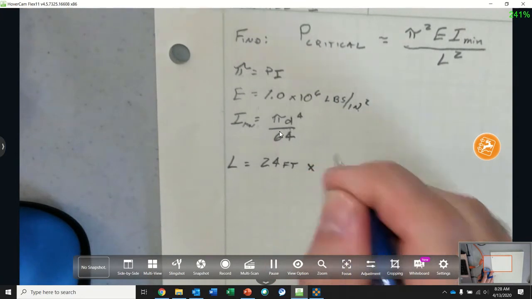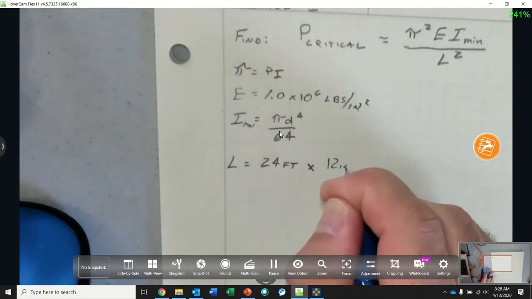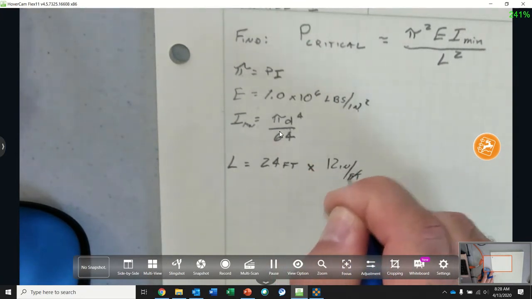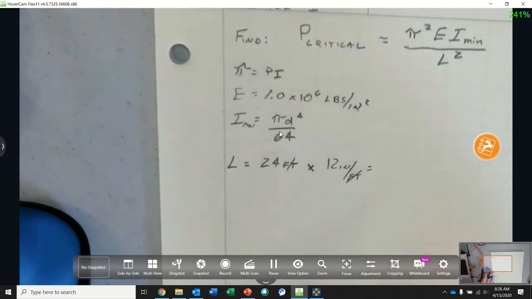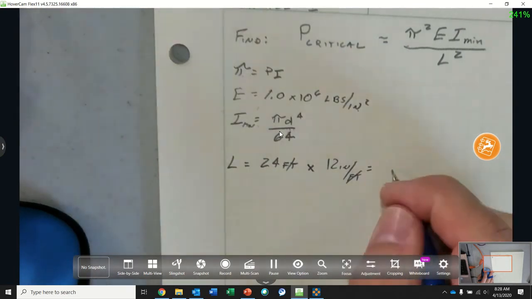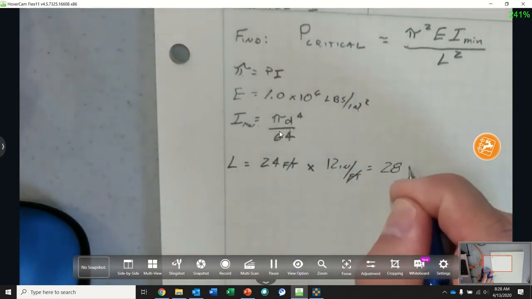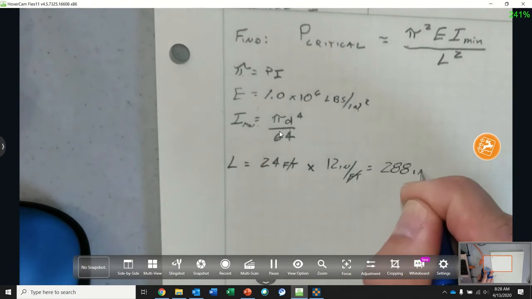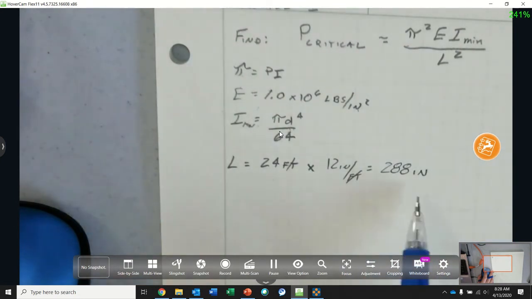So, times 12 inches per foot. That equals, 24 times 12 is 288 inches, because we need the units to cancel out.